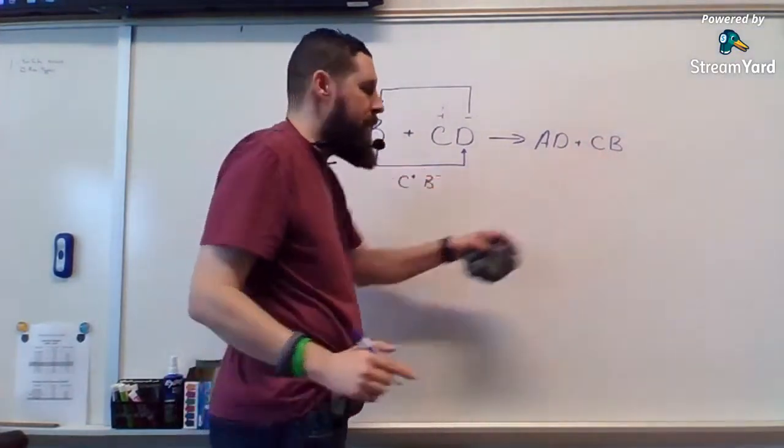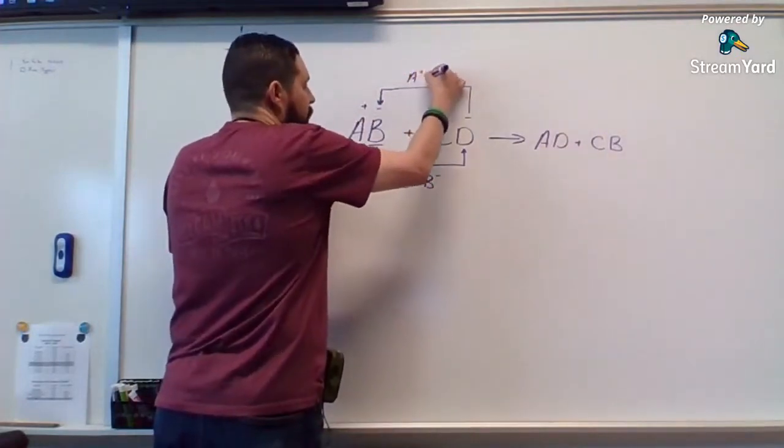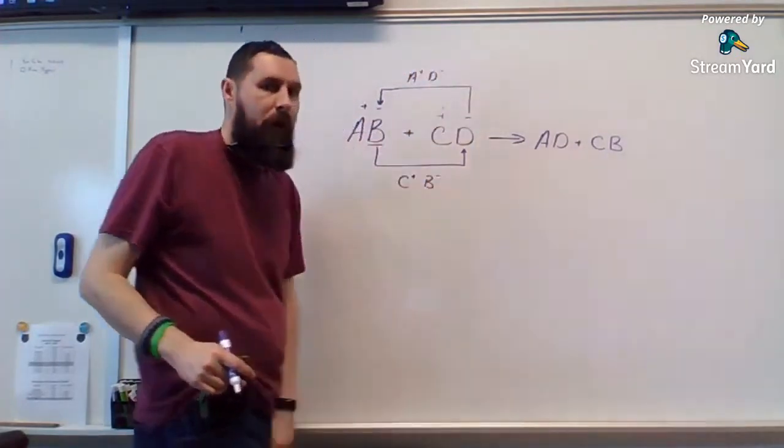So I'm still going to get CB. And I'm still going to have A as my positive combining with D as a negative to form AD.